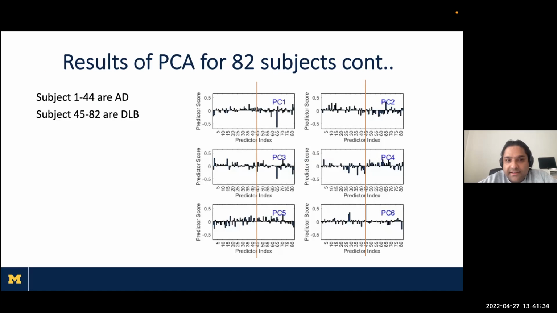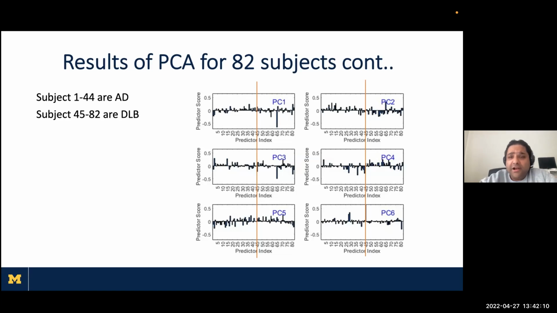If we look at this bar graph, we can see the subject scaling factor, or predictor score, for principal component 1, principal component 2, and up to 6, where the x-axis is the subject number and the y-axis is the predictor scores or subject scaling factors.